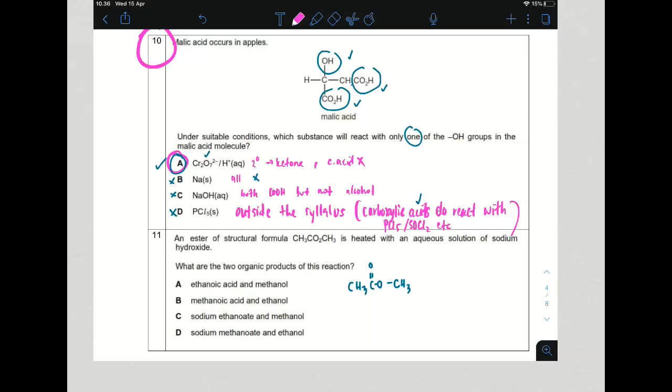What we are going to do is break this bond, and we are going to have CH3 C double bond O, and then the OH will come here, and then you have OH here, and then CH3. This one is going to be methanol, and this part is going to be the ethanoic acid. So ethanoic acid and methanol, that's going to be the answer A.